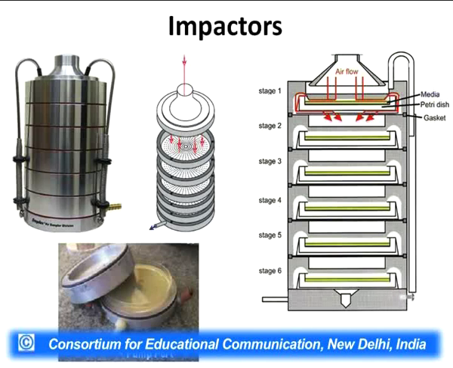Later it passes through the second stage, where the air again collides with the petri plate of the second stage and deposits some further particles, and from there the cascade effect again occurs and the air stream passes through a narrow stream to the next stage. So, there is continuous impaction as well as continuous deposition of particles on all the stages.